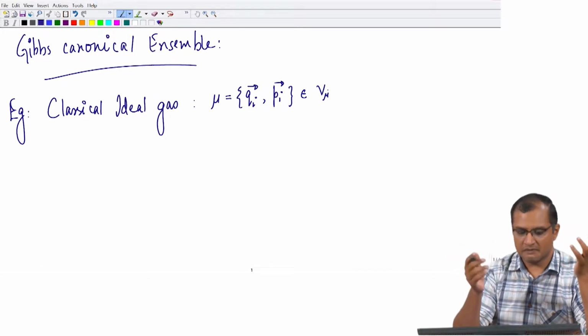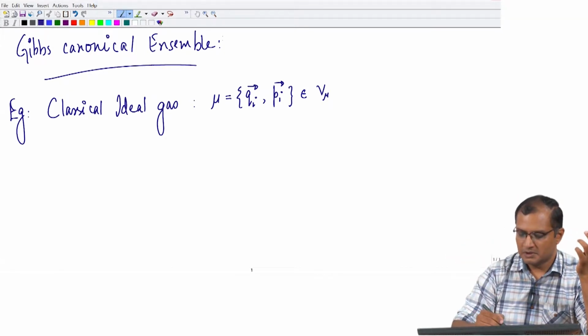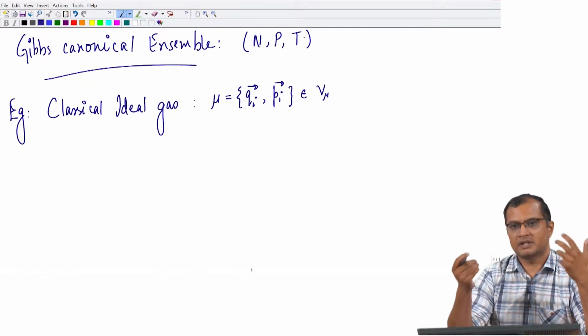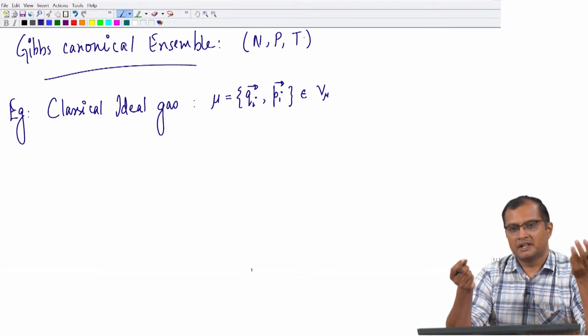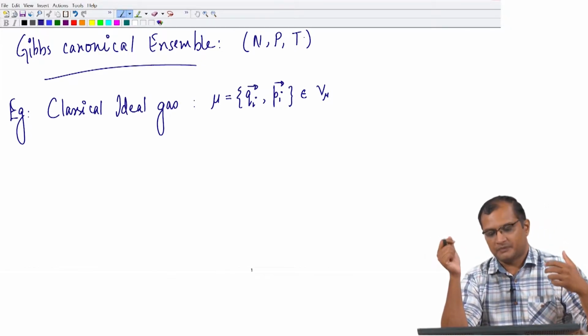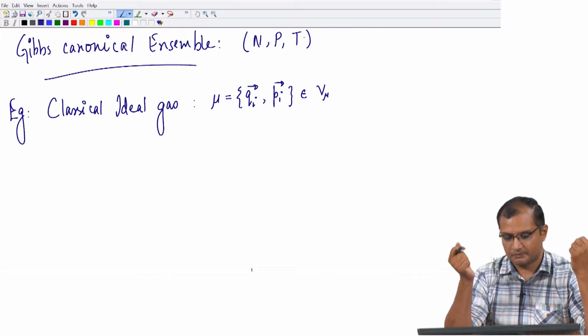So, this is a system where you allow volume to fluctuate in order to keep pressure constant. So, volume of a microstate is also a variable that keeps fluctuating in addition to the energy of the system.